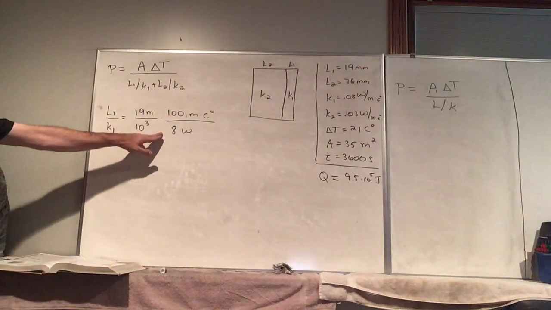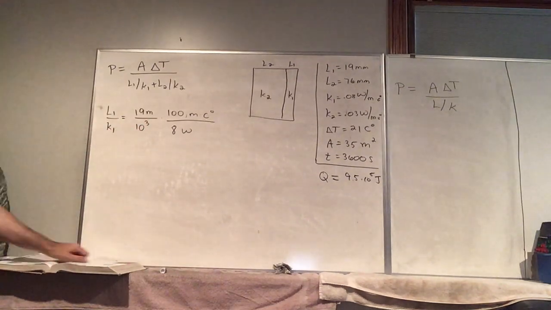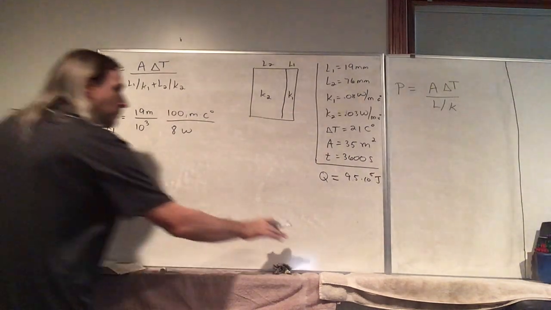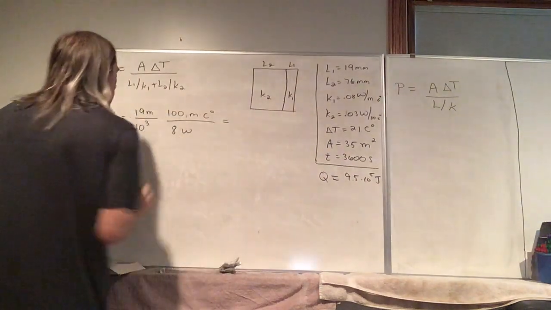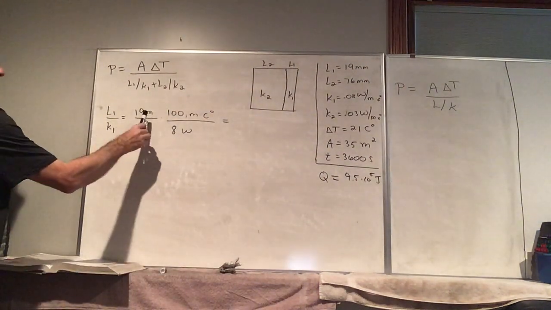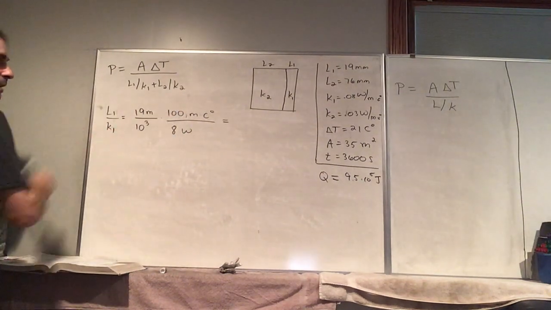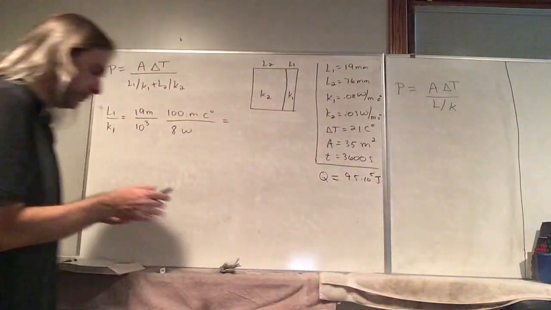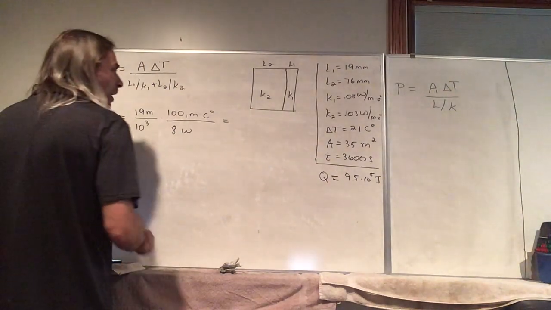So 0.08 on the bottom. You multiply by 100 over 100. 100 on top, 8 on the bottom. Okay, so what we get here is basically 19 over 80. 100 over 1,000. Yeah, we get 10 on the bottom. So let's see, 19 divided by 80 is 0.2375.